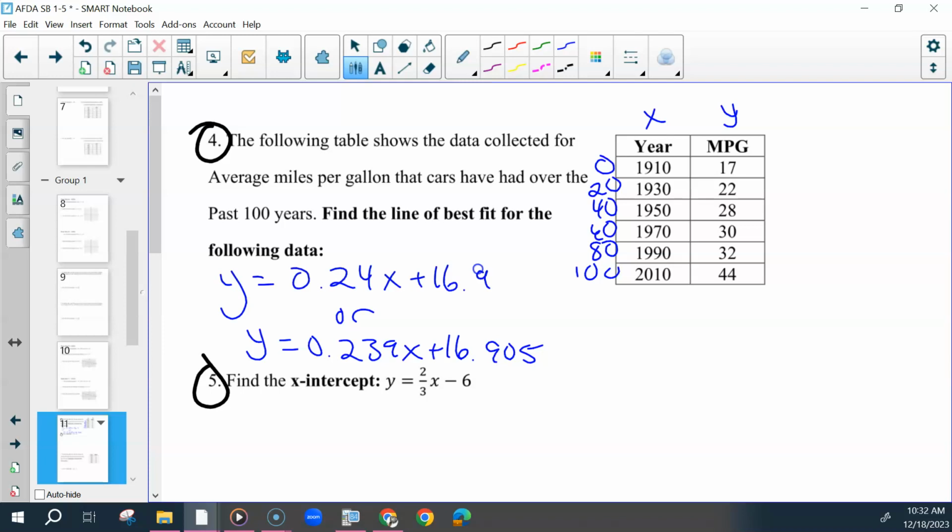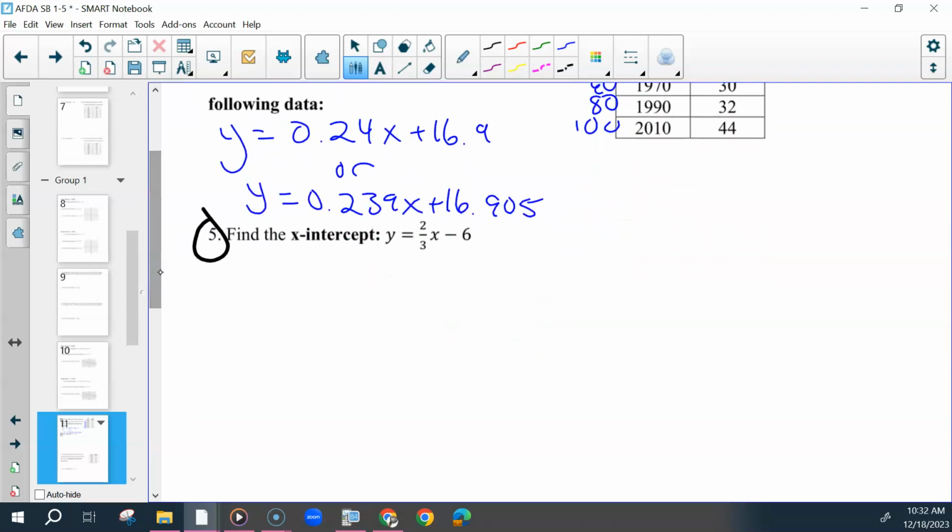Questions on that? For number 5, we have to find the x-intercept. So the y-intercept is given already, but to find the x-intercept, put 0 in for y, and solve for x. So get rid of 6 by adding.